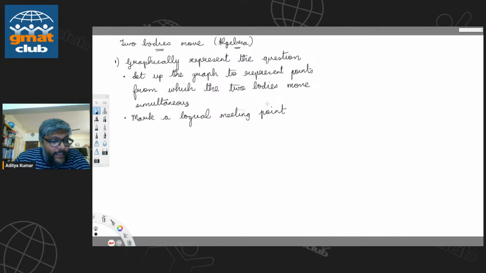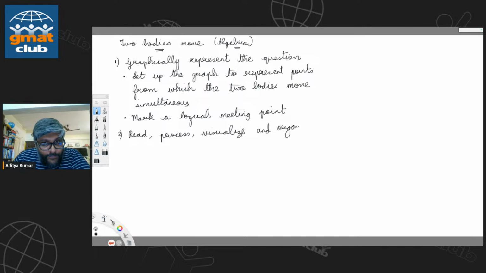And then I'm going to follow the same structures of what we did in a one body moving question. I would read, I would process, I would visualize, and organize in a DST table.